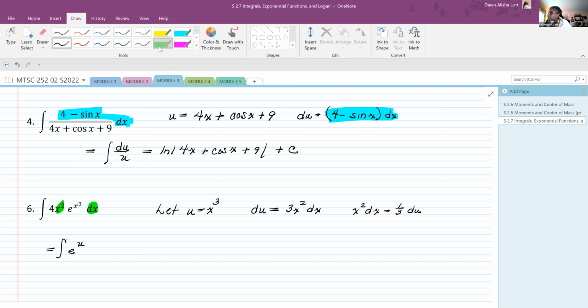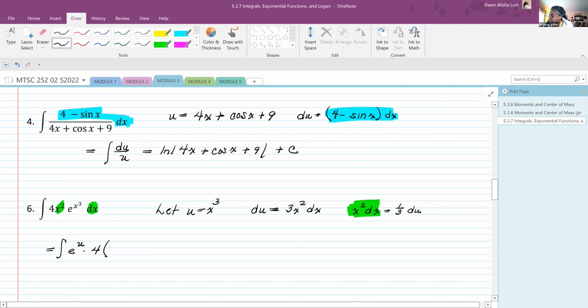So now I'm just trying to solve for the x squared dx part. So now I know that this integral has a 4 in it, and then the x squared dx is 1/3 du. So this is 4/3 the integral of e to the u plus a constant. Now, how does that look?